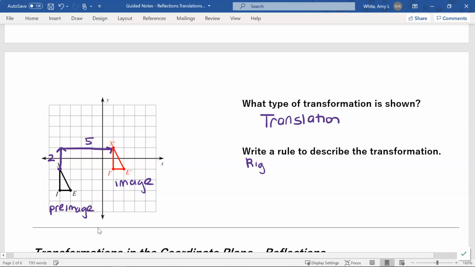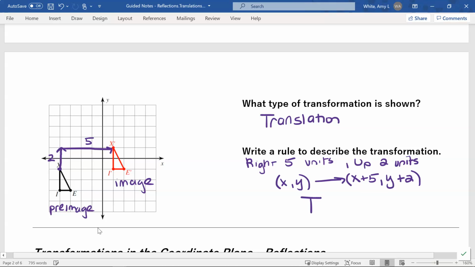I went right 5 units and up 2 units. You notice I did put the right first because that's my x. So if I was writing it in coordinate notation, I could do (x plus 5, y plus 2). In transformation notation, I would have my capital T, and then I would take ⟨5, 2⟩.